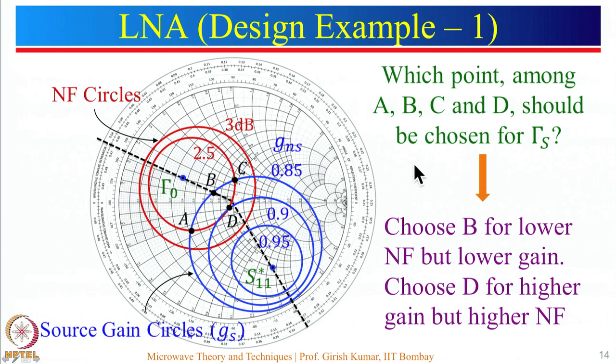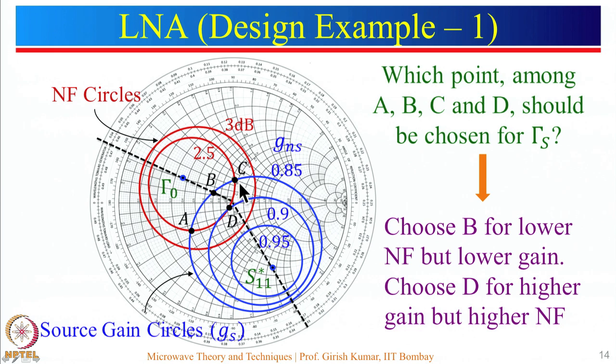Let me ask a very simple question: which point among A, B, C and D should be chosen for gamma S? Let us first look at points A, B, C. You can see that all 3 points A, B, C are on the constant gain circle which corresponds to the normalized value of GNS of 0.85.